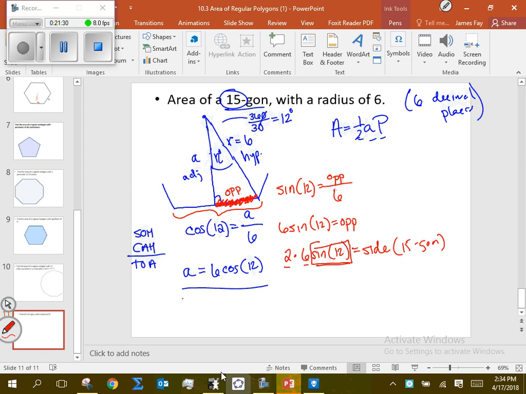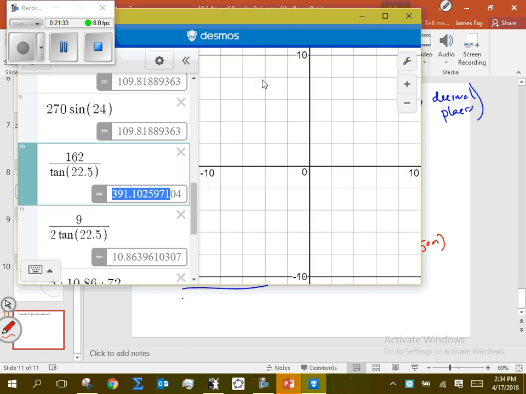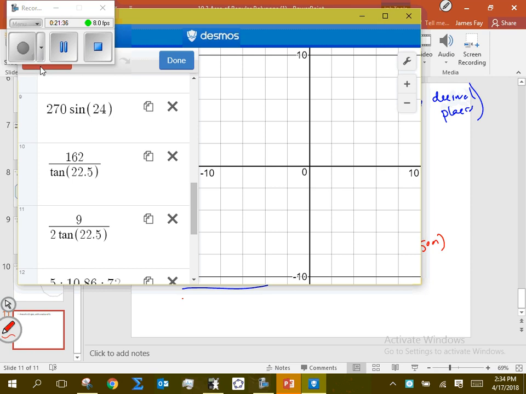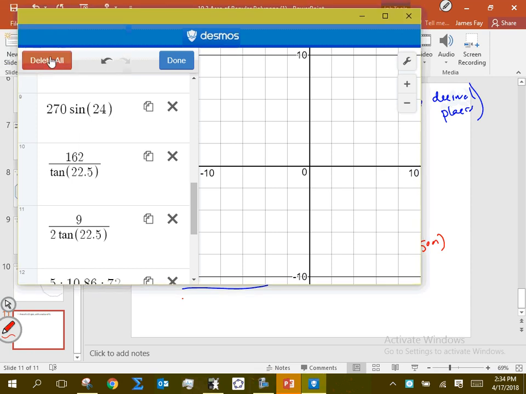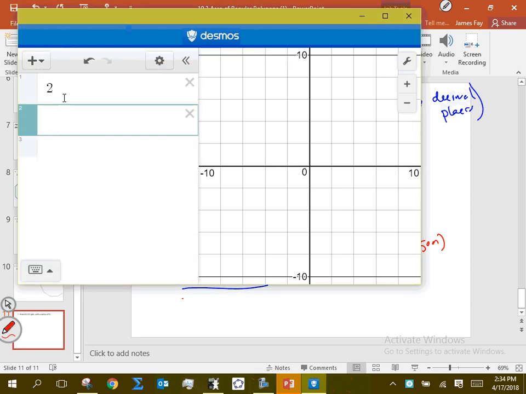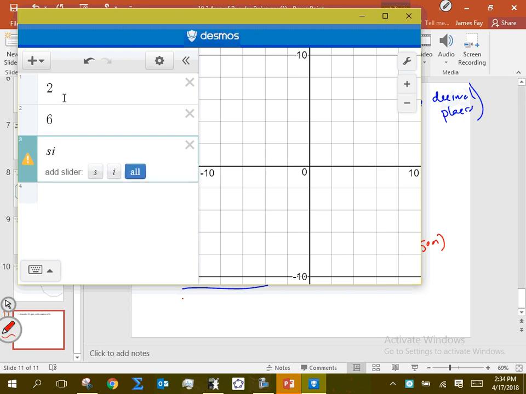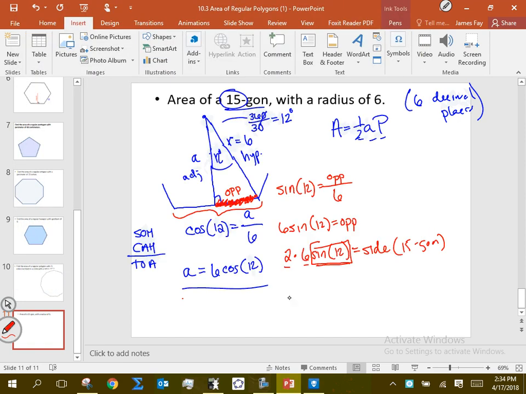Which of those 3 are most alike one another? 2 and 6, right? Sine of 12 is this ugly thing, okay? So what we do is we take the 2 and the 6 and we multiply them together. So it goes 12 sine of 12. That then is one side of my 15 gon.